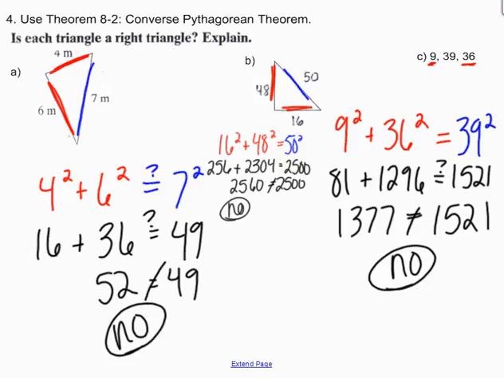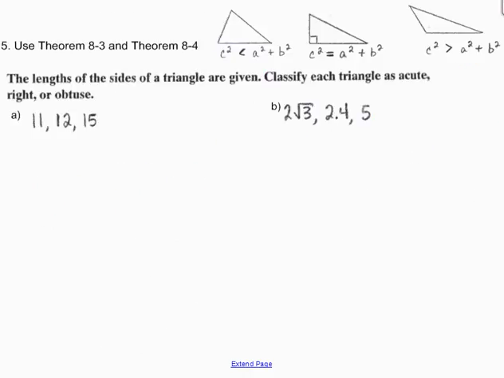For these last two, I think I'm going to talk about them the next day, when we go over this as a class, just because I think it makes more of a difference when you see a visual. Just a little gist of it. Here's where your Pythagorean theorem works.